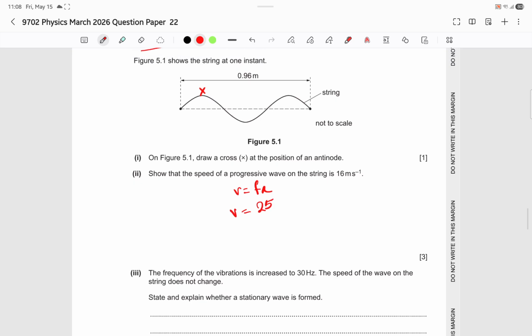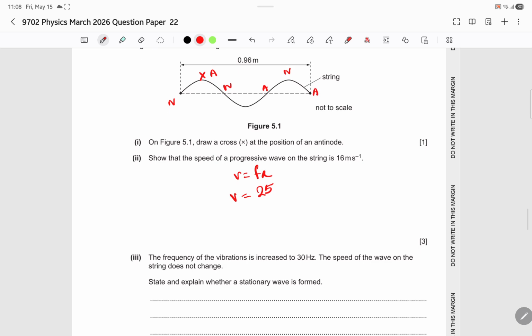There are two ways we can find the wavelength. The lowest point is an antinode, which means this is an antinode. No, I mean this is a node. Sorry, this is a node. This is an antinode. Node, antinode, node, antinode. So from a node to an antinode, the distance is lambda by 4.